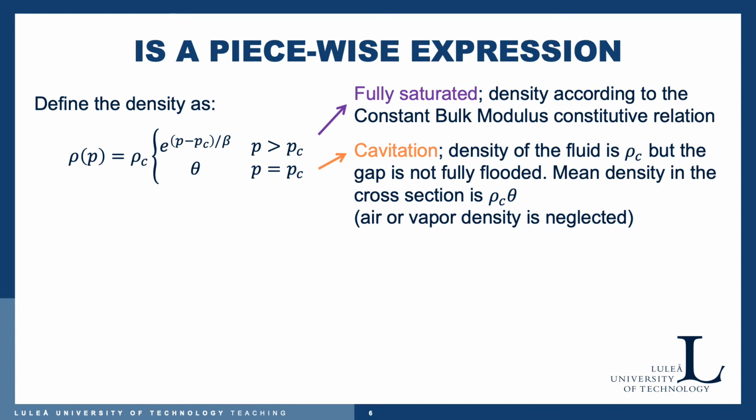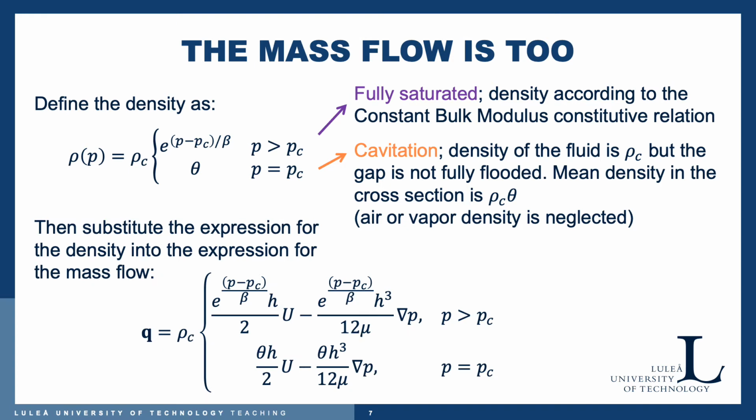So we have that definition of the density. We assume that to hold. Then we substitute it into our expression for the mass flow. So we just replace theta in our mass flow with the expression for theta that we can obtain by dividing rho with rho c.